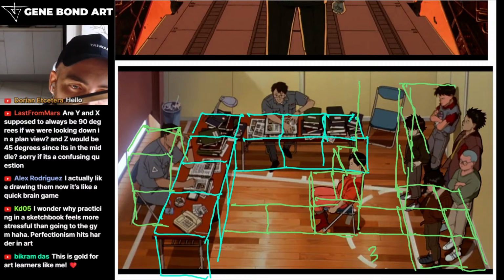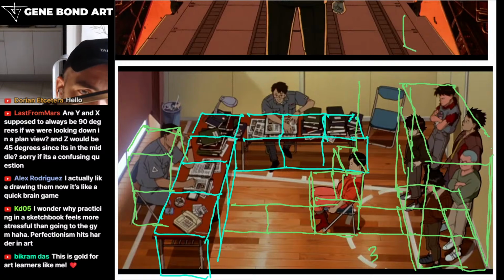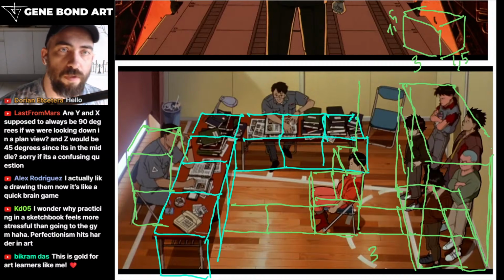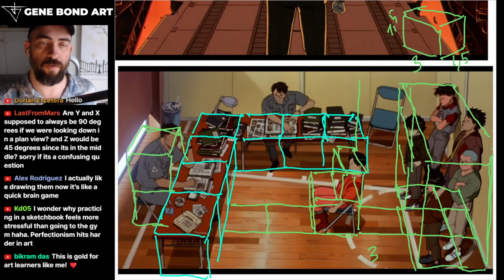So this group of characters we can put in this block, 3 by 1.5 width and 1.5 high. You see? So now you just draw a different angle.